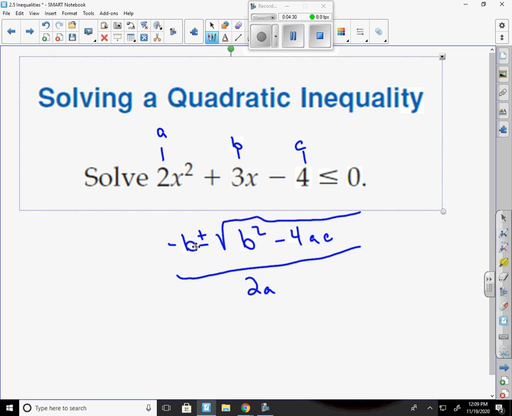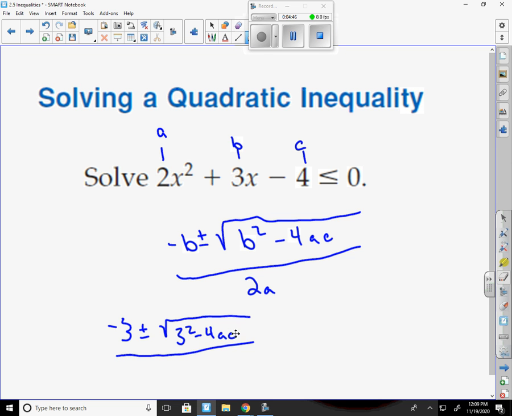So now we're just plugging these values in. Negative 3 plus or minus square root of 3 squared minus 4ac. I don't know why I put a and c in there still. A is 2, c is negative 4, all over 2a, which would be 2 times 2.